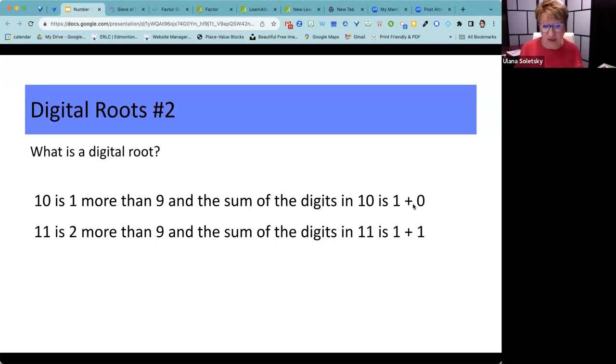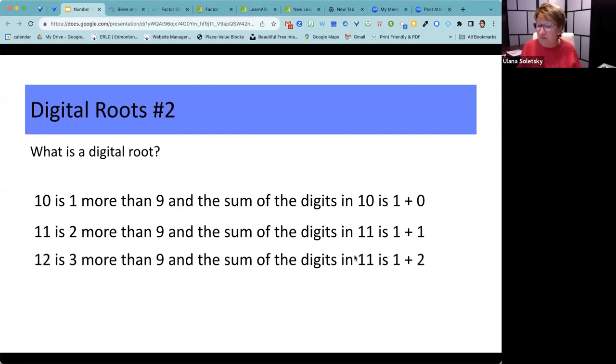11 is 2 more than 9, and the sum of the digits in 11 is 1 plus 1, which is 2. So that means when I remove the group of 9 from 11, I'm left with 2 leftovers, right? But I can easily find the digital root by just adding the digits.